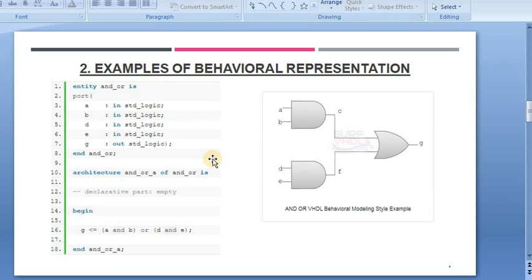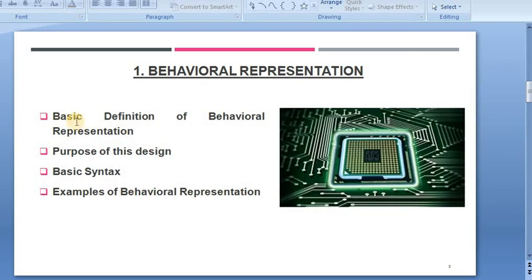The definition says that behavioral means what the design is actually supposed to do, what it actually wants to perform. Now what is the purpose of this design? The basic purpose of this design is to achieve the best functional performance.